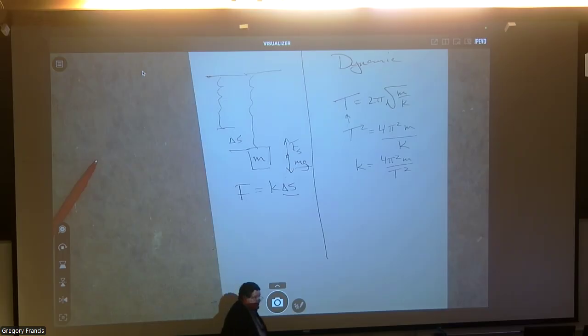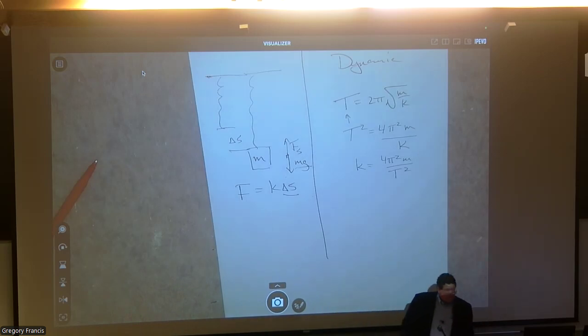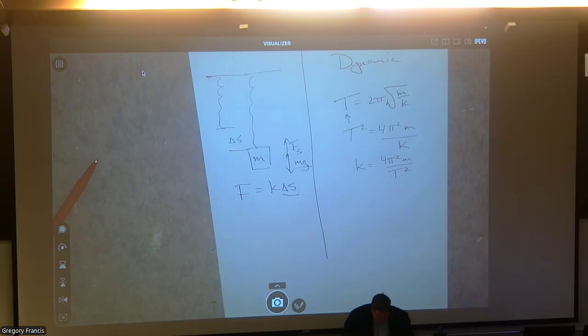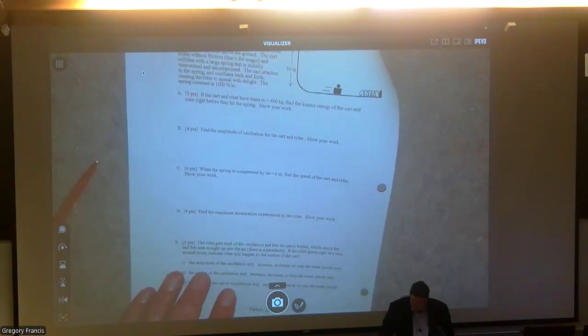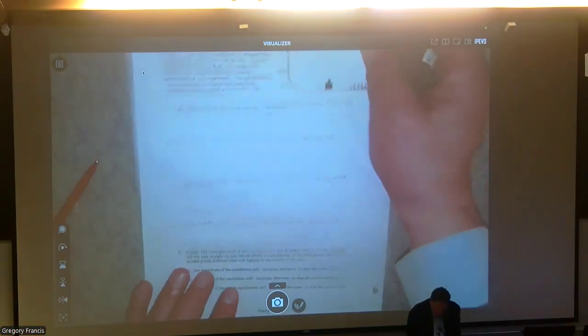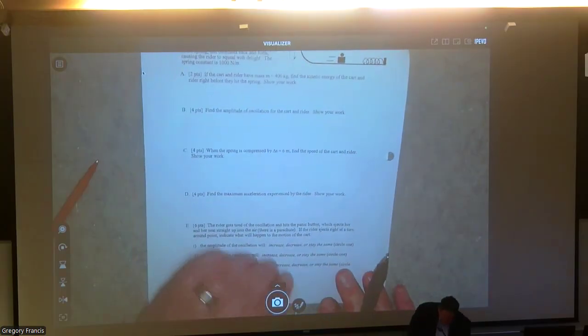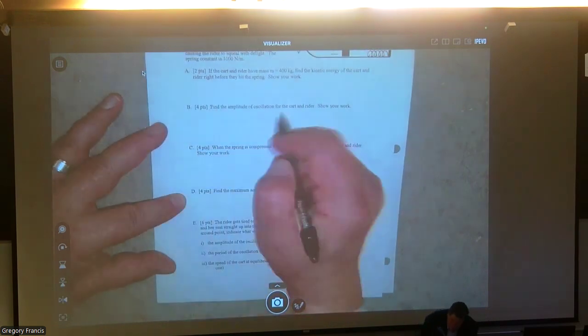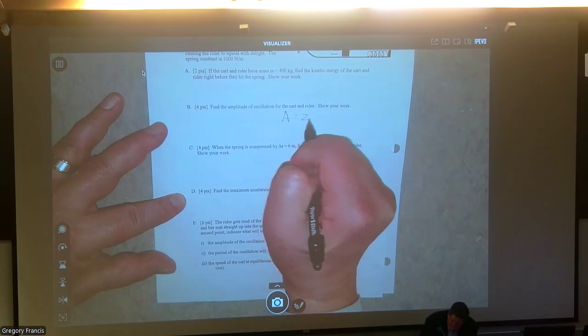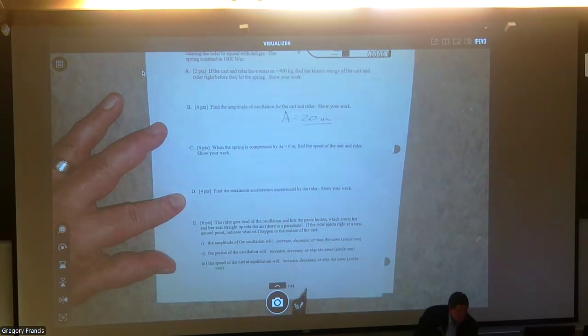Yes. Can we go over, let's see, it's part D of problem 1 on another sample final exam? Sure. We found in part B that the amplitude was 20 meters, right?